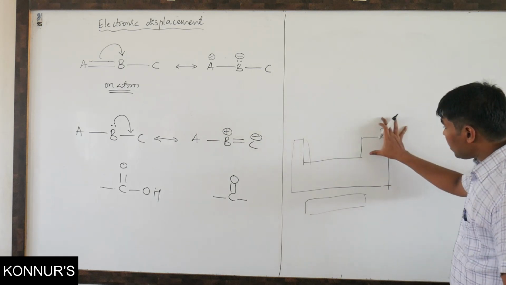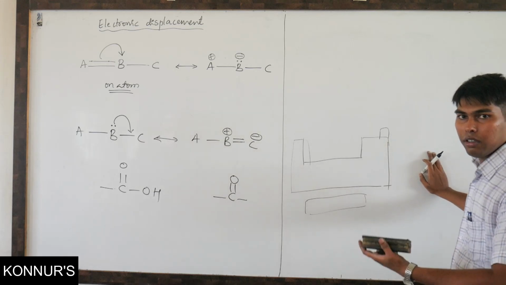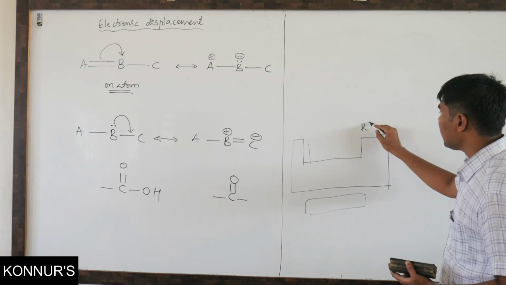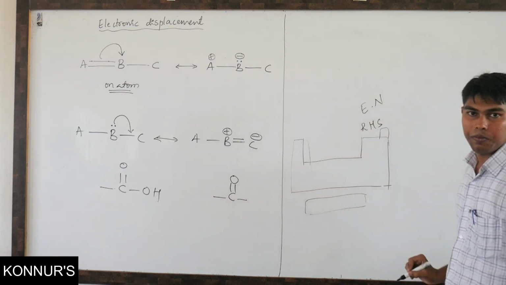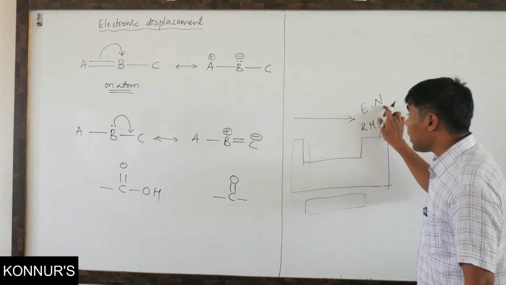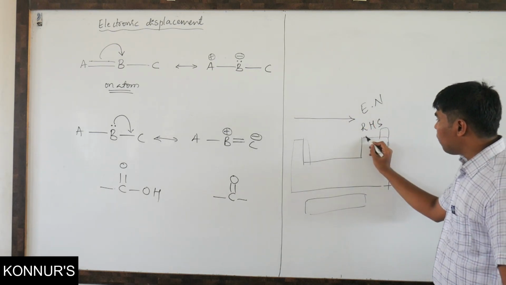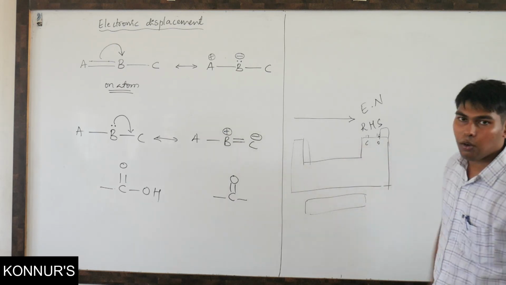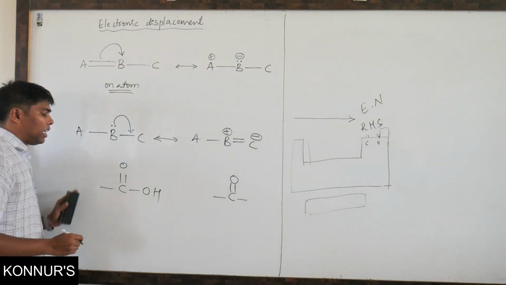The elements on the right-hand side are electronegative, so as I move from left to right, electronegativity increases. Here 14th group carbon and 16th group oxygen, so oxygen is more electronegative compared to carbon. This is how we decide the electronegativity of elements.